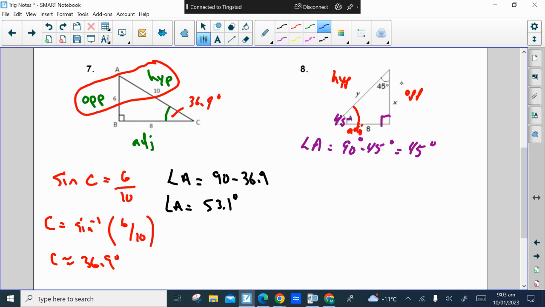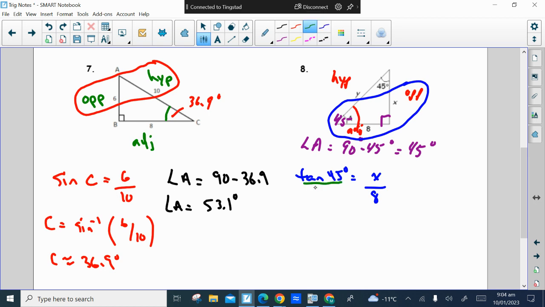So in this case, if I want to find x, I would use the opposite and the adjacent, which is the tan ratio. The tangent of angle 45 degrees equals, and the TOA part tells us that it's opposite on top, adjacent on the bottom.